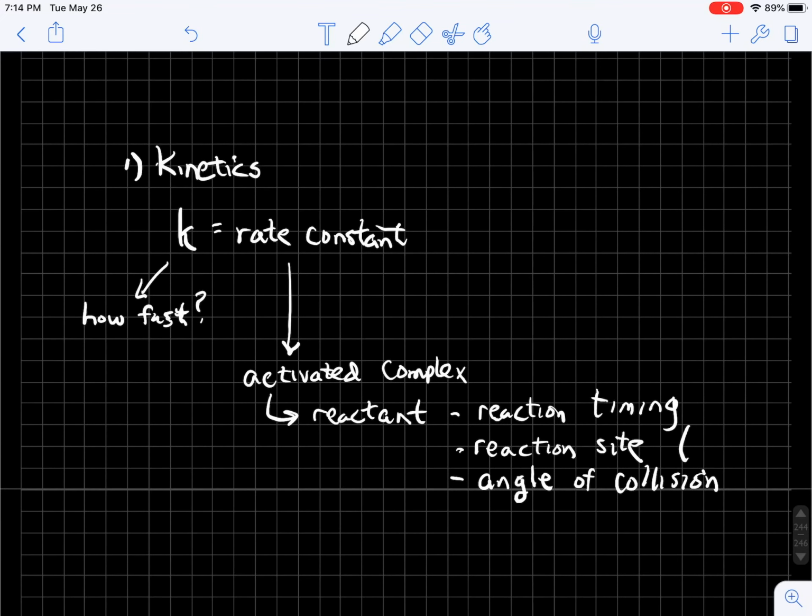And when we talk about reaction site, we usually mean something called a functional group, which we talked about in chapter 13.